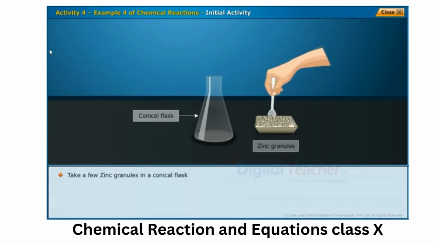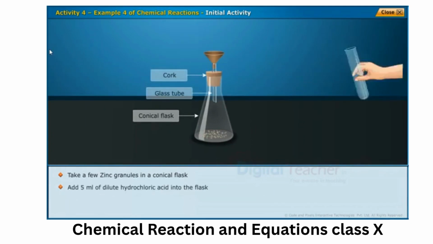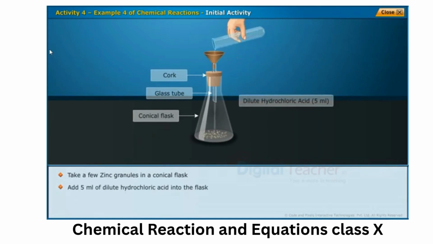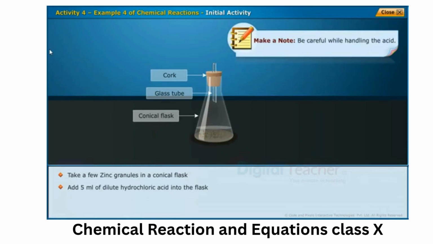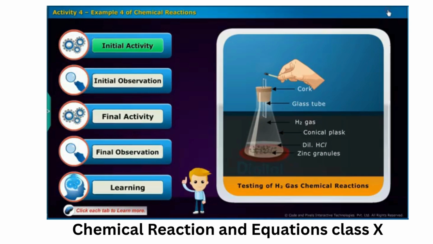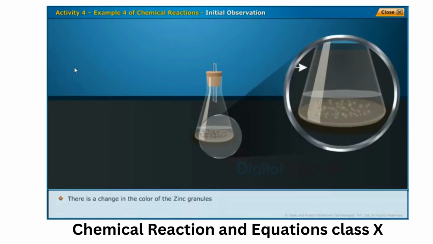Take a few zinc granules in a conical flask. Add 5 ml of dilute hydrochloric acid into the flask. Make a note. Be careful while handling the acid. There is a change in the color of the zinc granules.